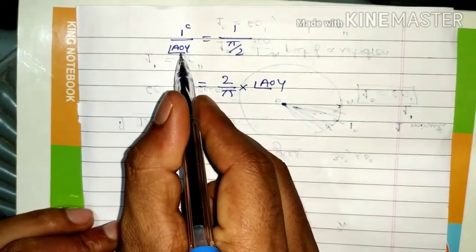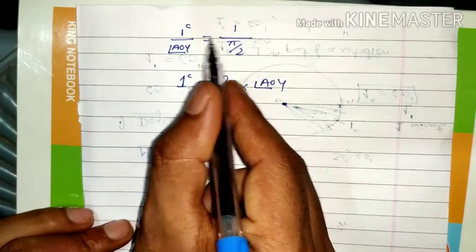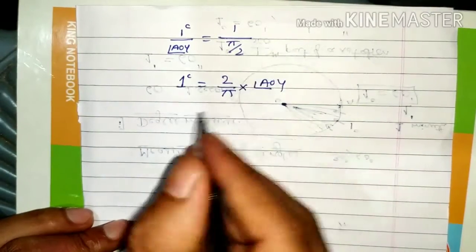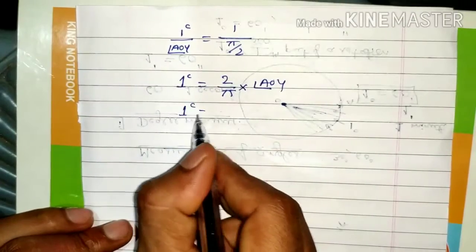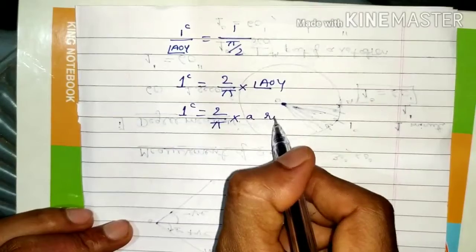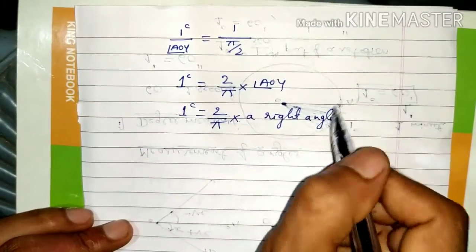Here it is division, and if I take it to the right hand side, after the equal sign it becomes multiplication. Division becomes multiplication. So 1 radian is equal to 2 by pi into this, which is nothing but a right angle, that is, 90 degrees, a constant.